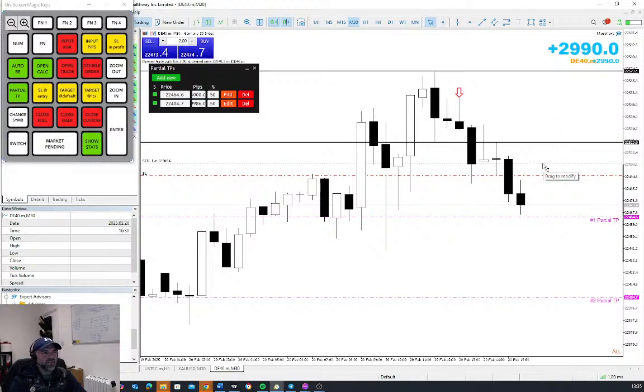We had a trade on gold that hit target one, got stopped at break even. We've had a trade on the DAX that hit target one. We haven't yet hit target two, but we've pulled our stop loss down just above the high of the current 30-minute candle. So we're just letting the market do whatever it needs to do, whether we get to take profits or whether we get stopped with a few pips in profit.